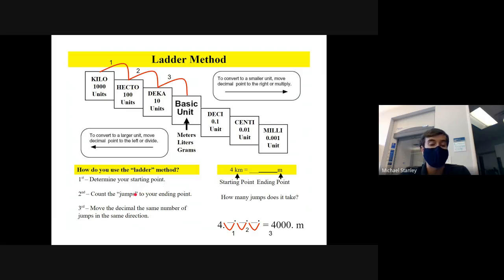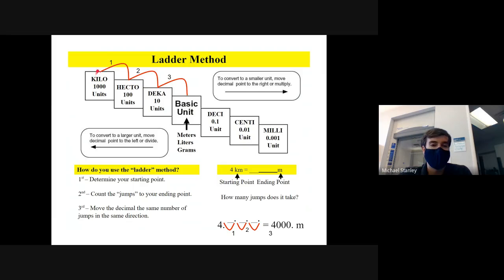Next step is to count the jumps from the start to the end. And by that, I mean if we start at kilo and go to meters, we're going to use each one of these boxes like a step on the ladder and step down to our meters.